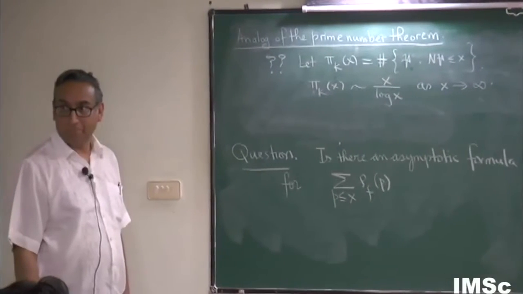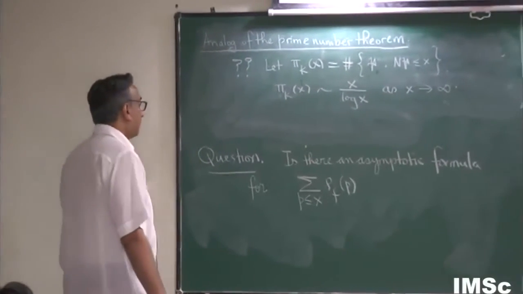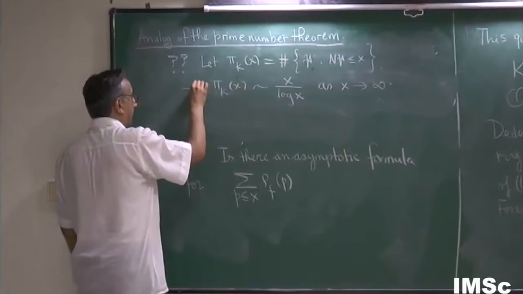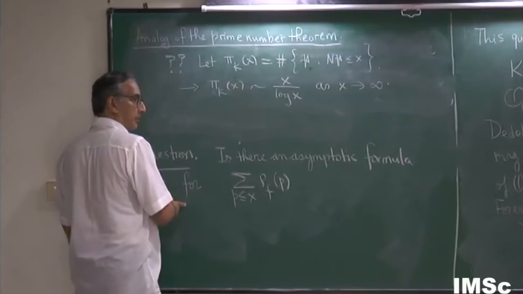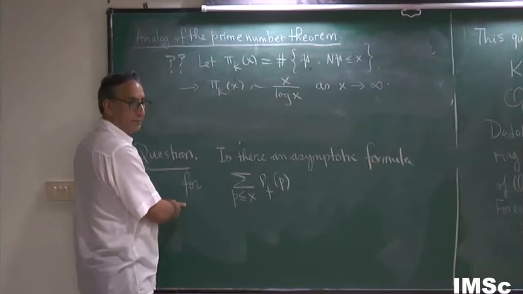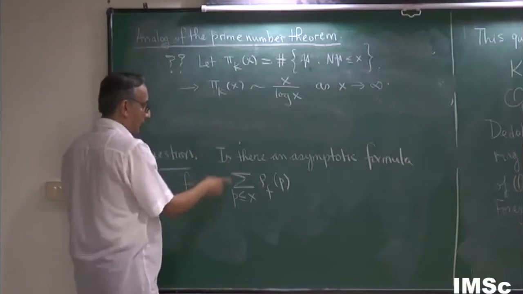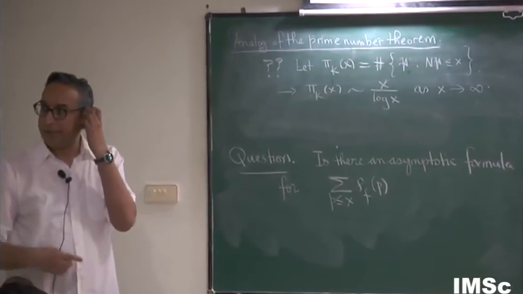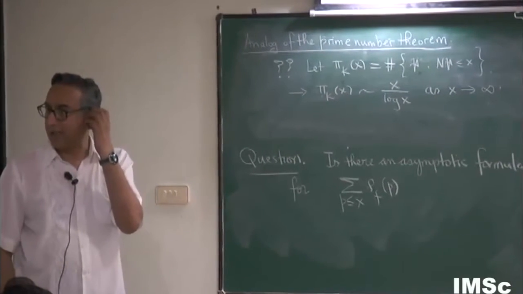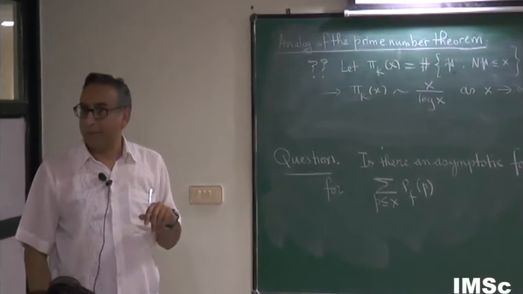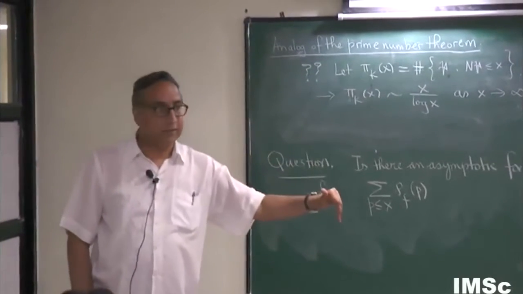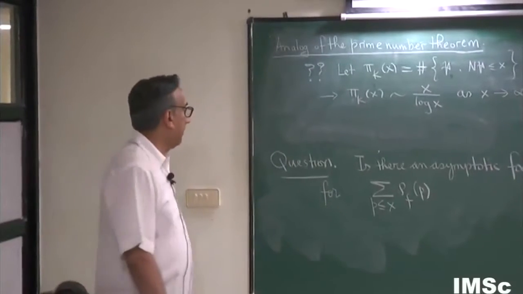Now, it should not come as a surprise, especially because I have been dancing around this particular statement and not erasing it. This statement is completely equivalent to this one, just like in the case of that toy example, x squared plus 1, I gave you, which all of a sudden led to counting primes congruent to 1 mod 4.